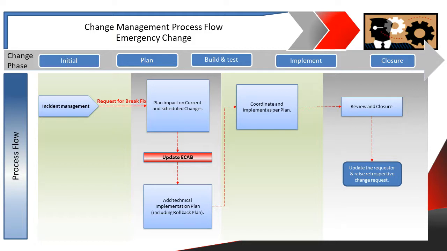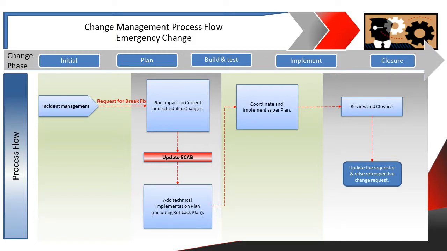If we are not going as per plan, we have to stop, look at the rollback plan, and roll back what is being implemented. It is really important to understand that without a rollback plan, there should not be any changes implemented. It's mandatory to have a rollback plan.